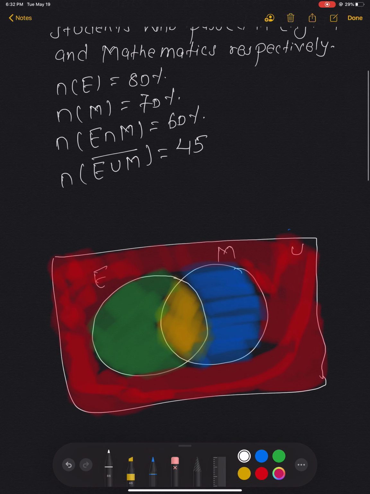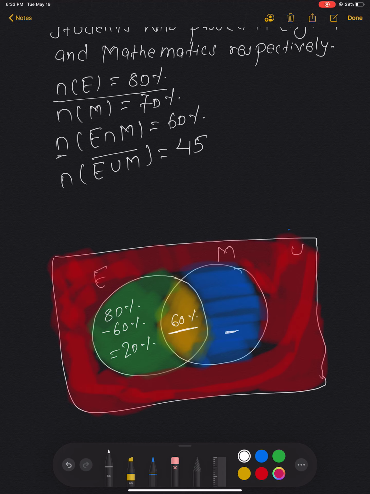We are given that n(E ∩ M) is 60%, so write it down over here, 60%. And E has to be 80%, so this should be 80% minus 60%, that is 20%. And let's see the M part, how much that should be.